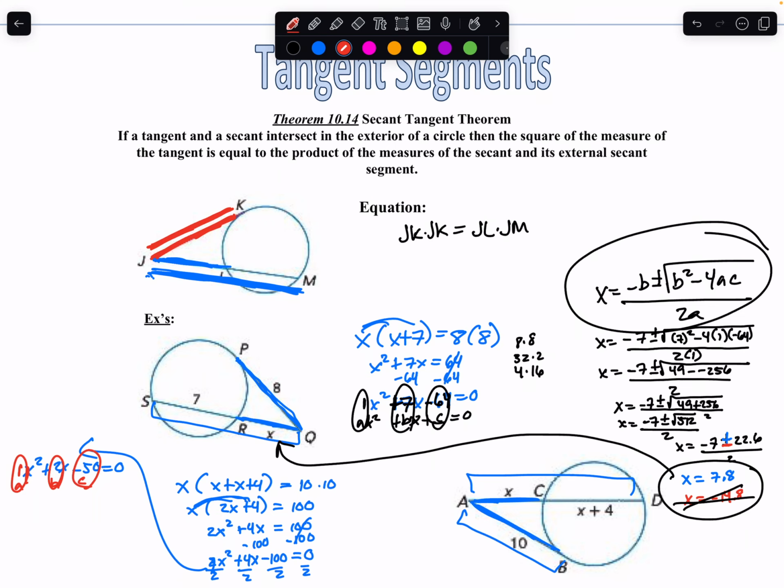I have several factors here that I'm working with: 2 times 25, 5 times 10, 50 times 1, but none of those will add up to 2, which means for this one to be solvable, I'm going to also resort back to the quadratic formula. I'm not going to go ahead and solve that, but I'm going to get 2 solutions from there, and I want to make sure I use the positive solution. If it's not factorable, we want to make sure that we can do the quadratic formula.